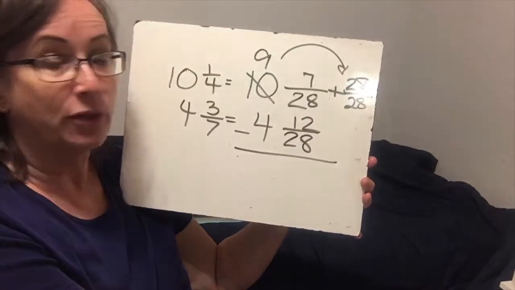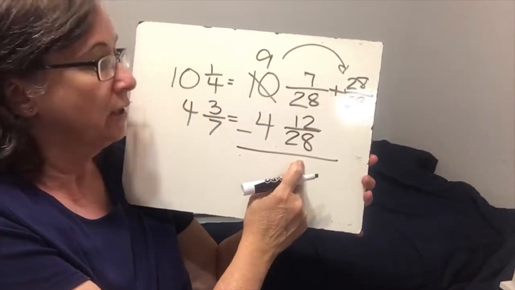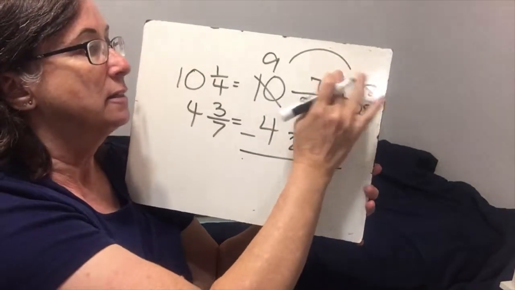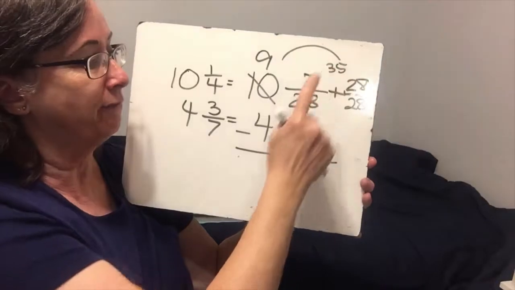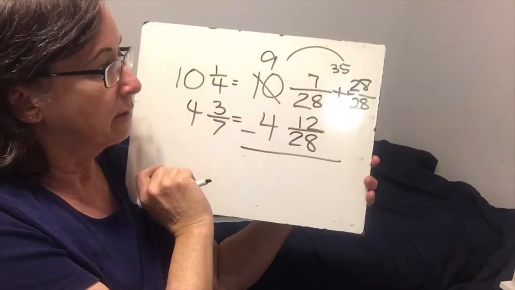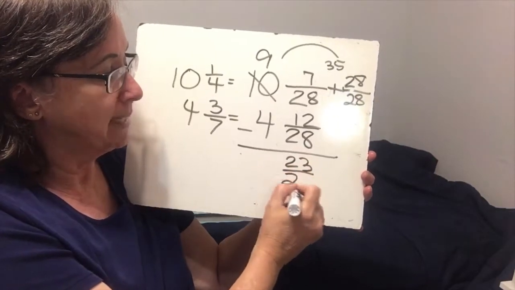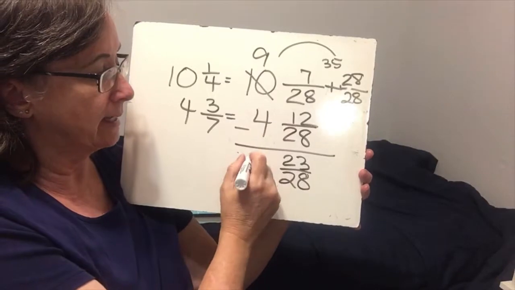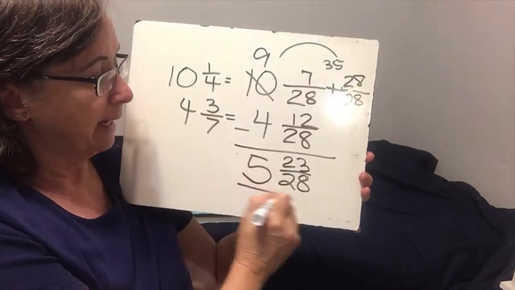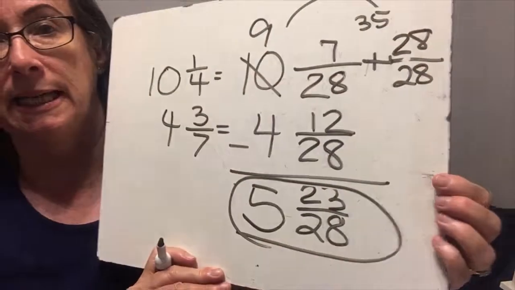So now we've got 35 28ths, take away 12 28ths. Okay, so we'll just make a little 35 up here so we can keep track of that. 35 take away 12 is going to be 23 28ths. And now 9 minus 4 is 5. And my answer should be 5 23/28.